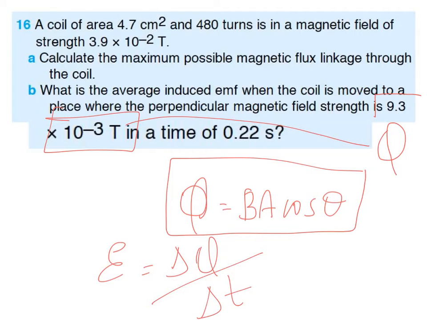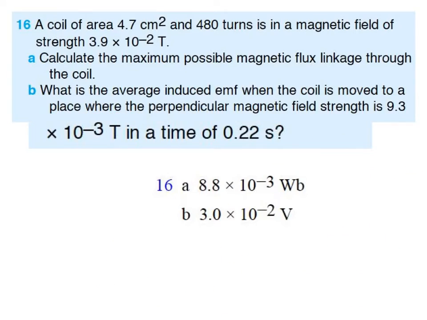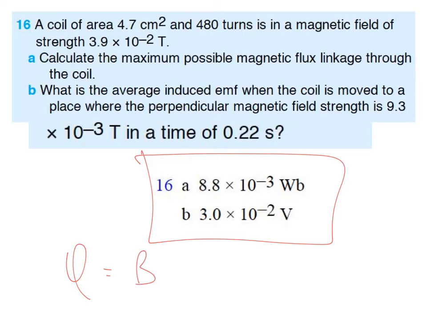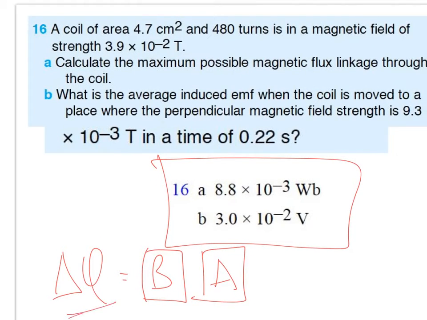What is the difference between your value of phi here and now your value there? And then you do minus, over that time. You should have these two values. So basically, either your value of field strength changes or your value of area changes, and that would give you a quantity for change in flux. So you just need to figure out in the question, is it asking me for the change in field strength or the change in area?